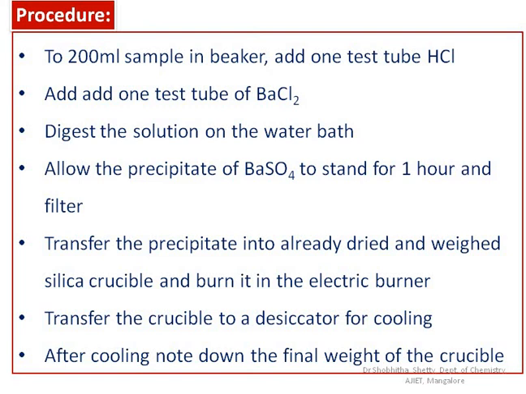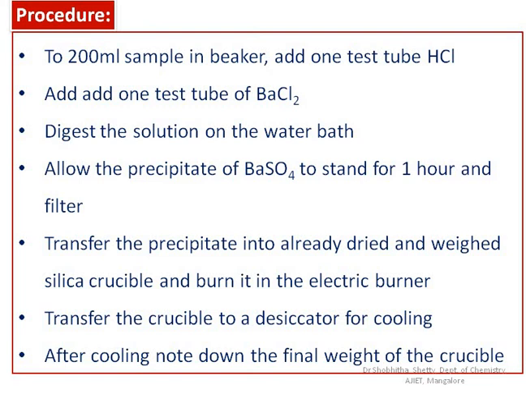After that, along with the Whatman filter paper, we transfer the precipitate into an already dried and pre-weighed, clean silica crucible, and we burn the precipitate along with the Whatman filter paper by placing the crucible in an electric burner.